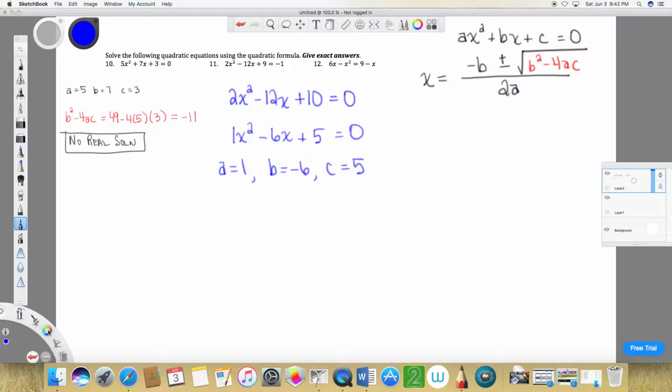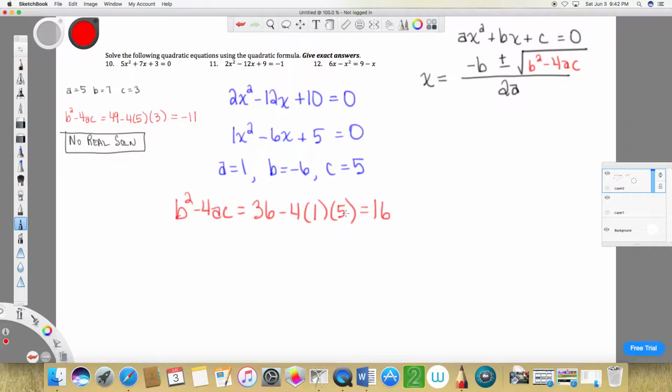Let's find the discriminant first. It is that part of the quadratic formula that's underneath the radical. B squared means to take negative 6 times itself. That's going to be 36 minus 4. Well, A was 1, and C is 5. So 36 minus 20 is 16.